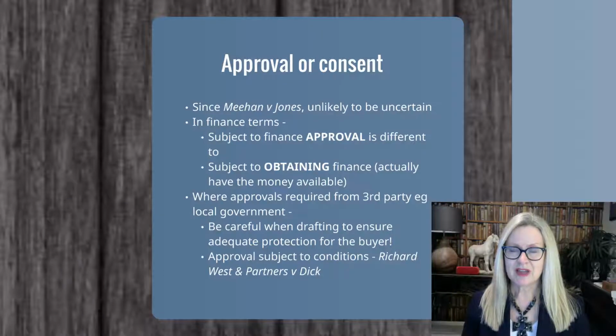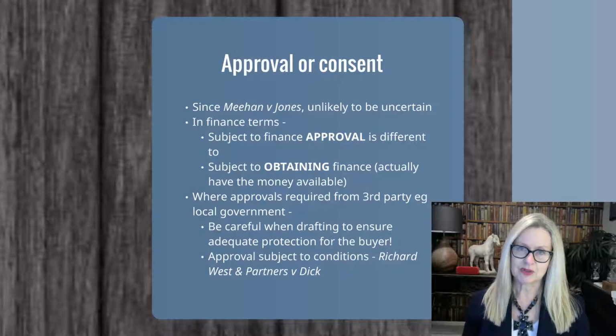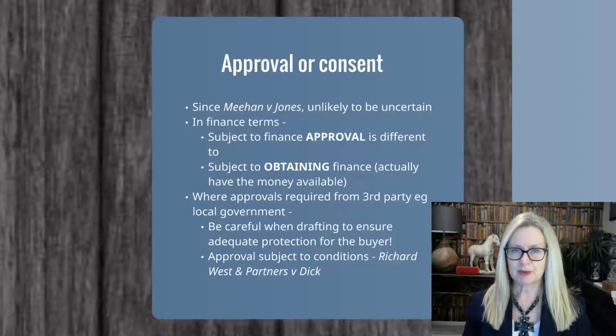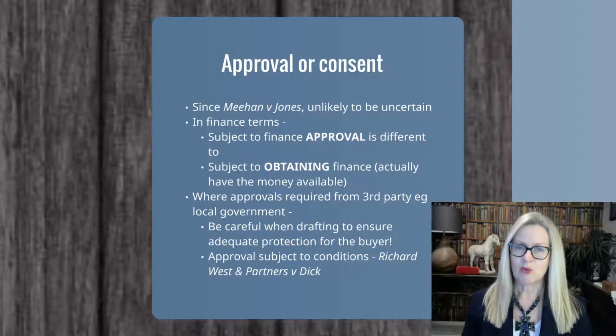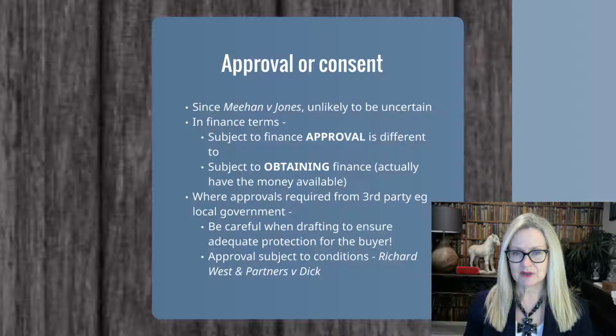So in the Richard West case, the contract was made subject to local government approval of use of the property as a hotel. Whilst planning approval was given for use of the property as a hotel, what wasn't anticipated was that the fire authorities were going to require a stack of fire equipment to be installed in the property, doors and so forth, and these were going to be quite expensive.